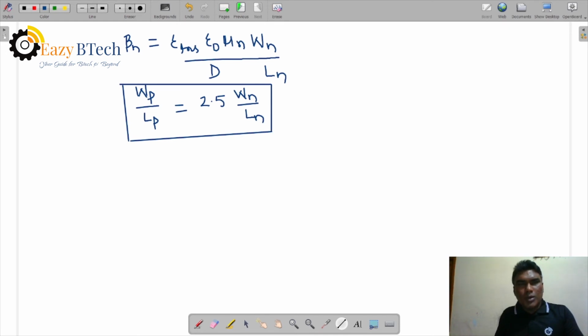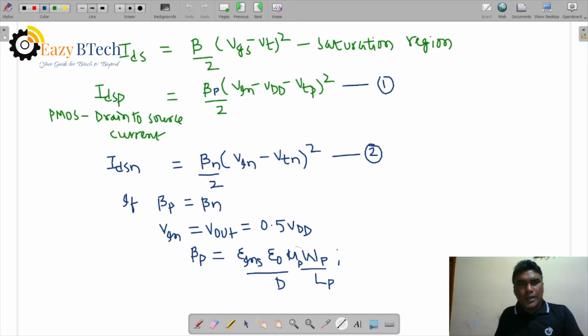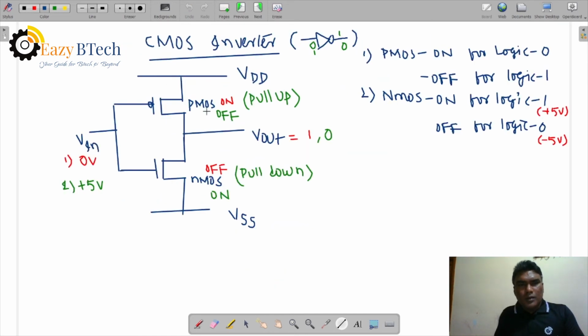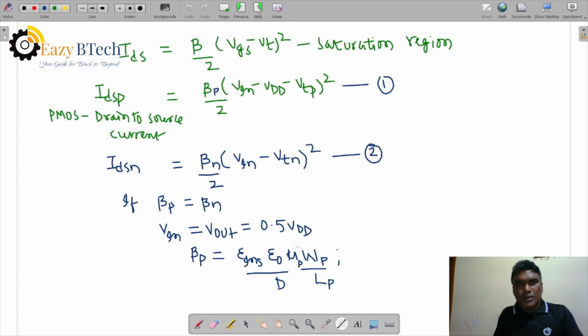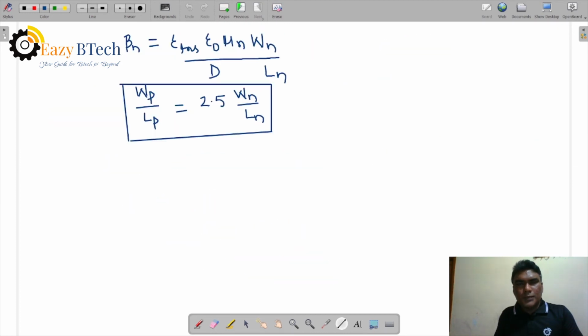So this is the CMOS inverter current equations and circuit representation, where we apply input and output voltage. It is a low power design. Now let us see the BiCMOS inverter.